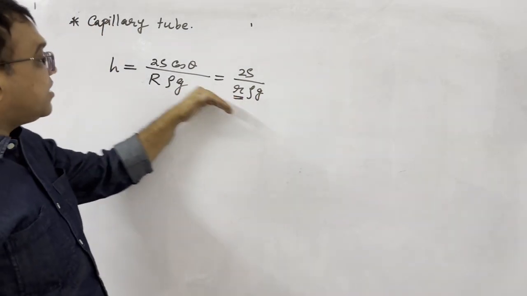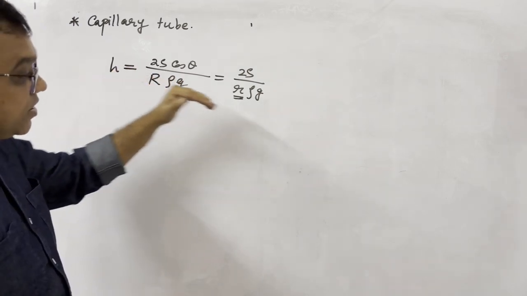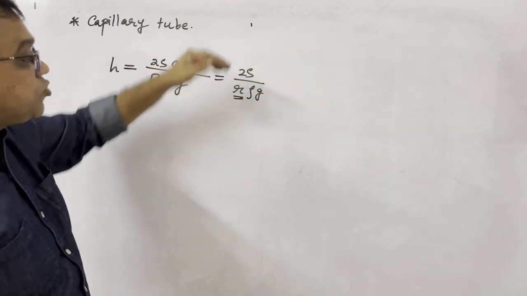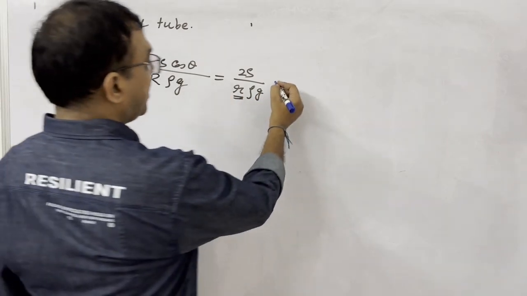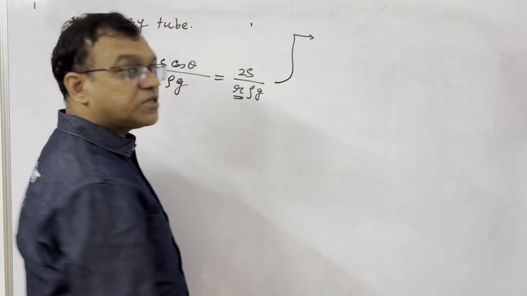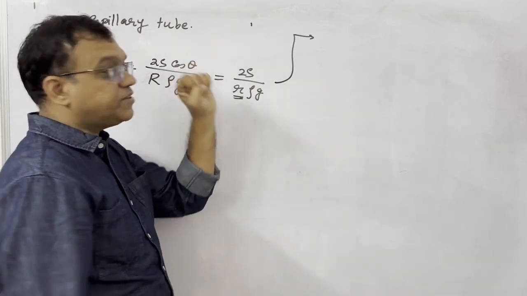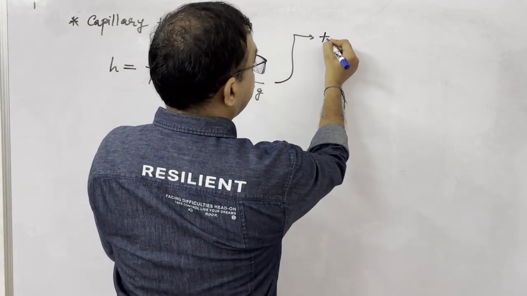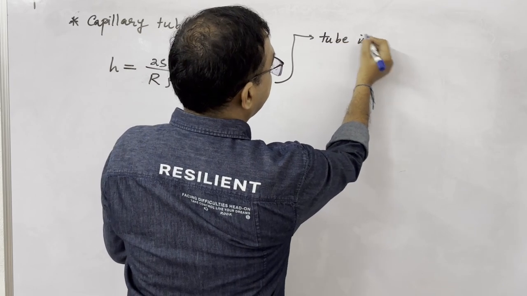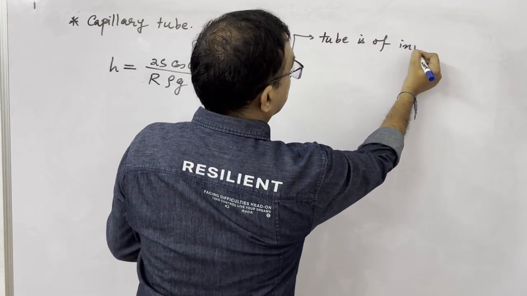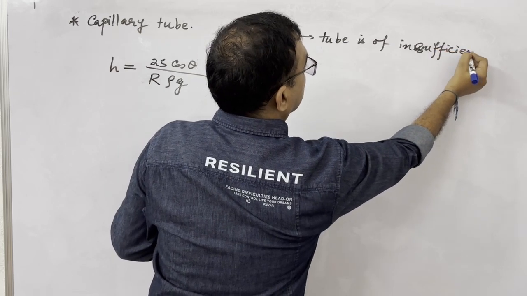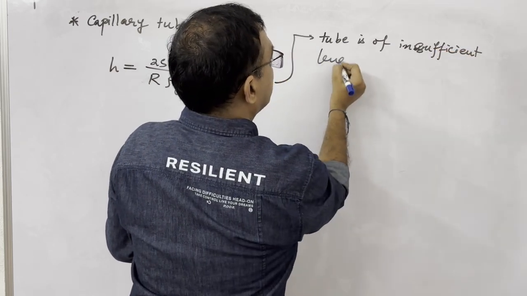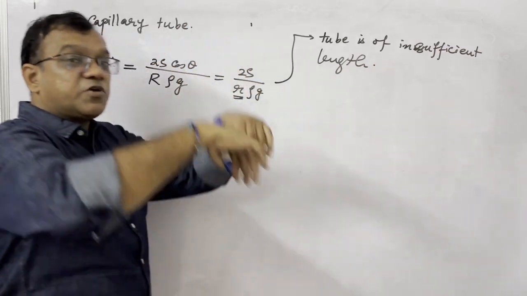We are considering a capillary tube and liquid in which the liquid has to rise up to this particular height. But what happens if the tube is not of this height, this length? If the capillary tube is of insufficient length, then what will happen? Will the liquid come out?